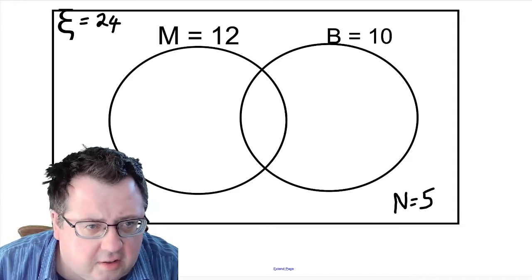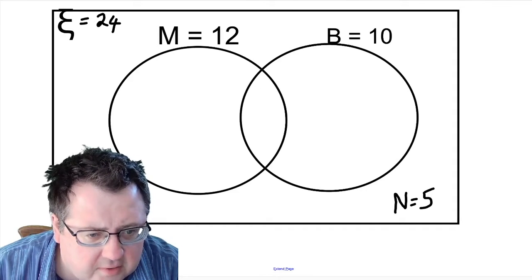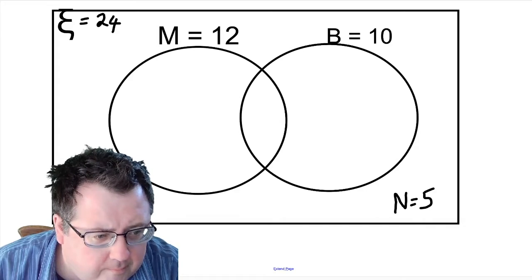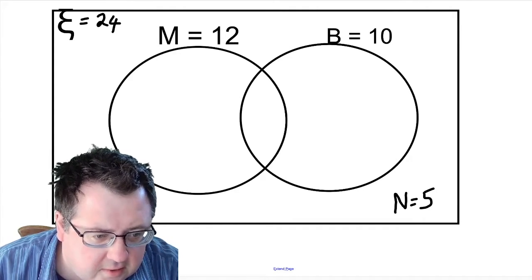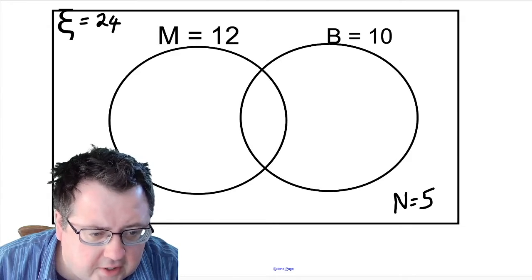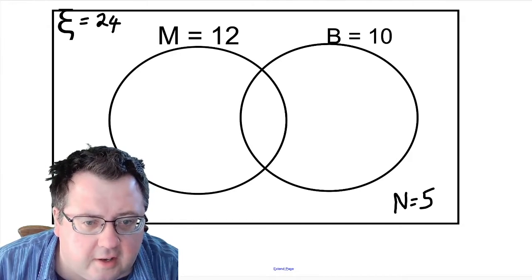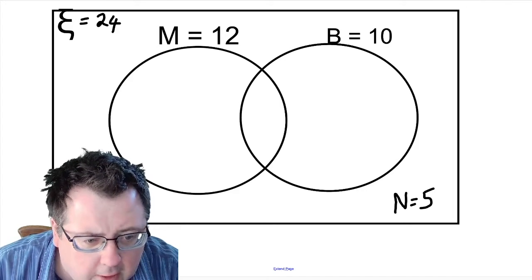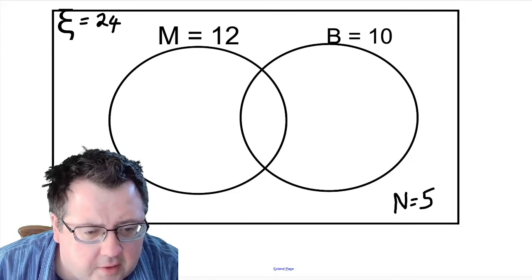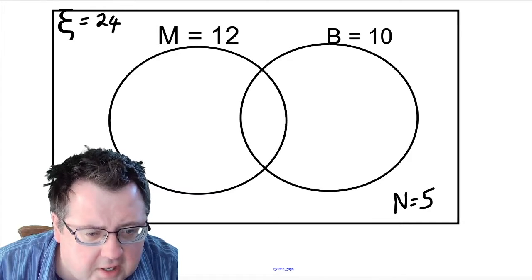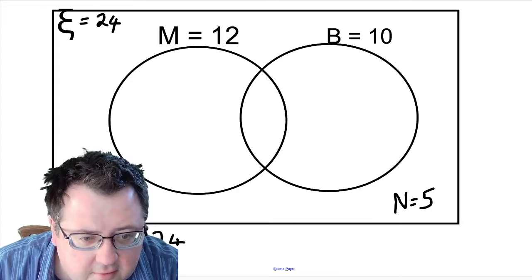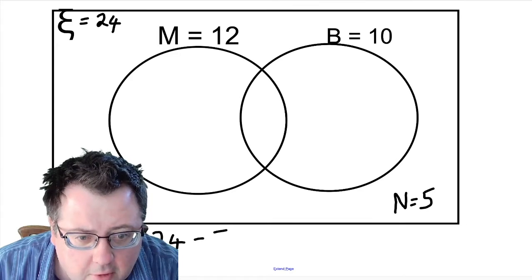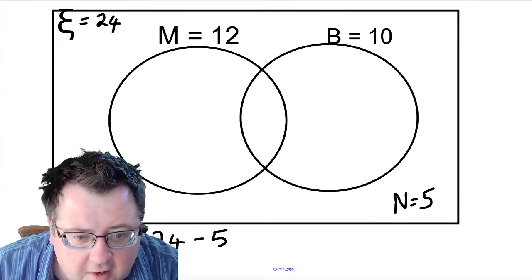So the first thing that you have to do for this is to work out what M union B is. Now remember from the pictures, that's the sum of everything in both circles. Well, it will be the universal group E, which is 24, subtract 5, or 19.